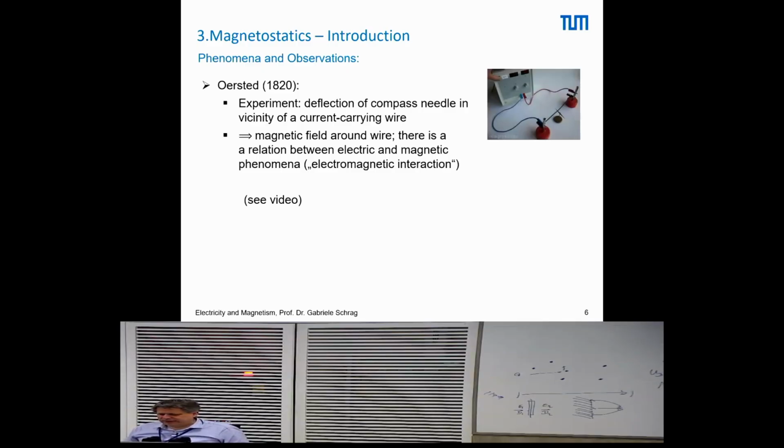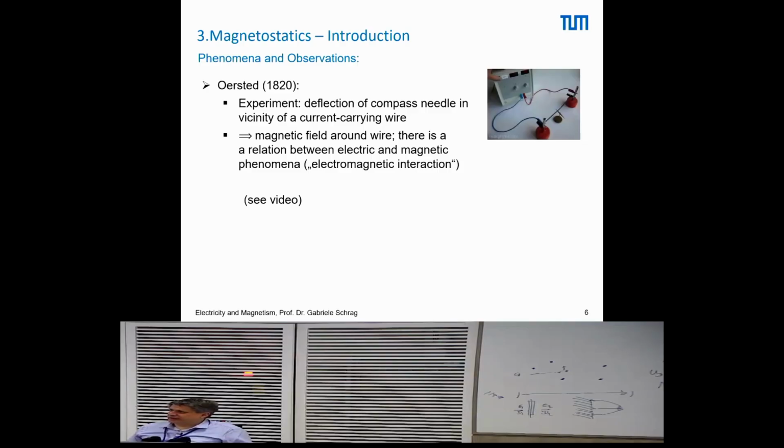He saw that there is a deflection of the compass needle, just what you see in this video, once you bring the compass needle close to a current carrying wire. So the conclusion is there seems to be a magnetic field around the wire, and there is also a relation between electric and magnetic phenomena.